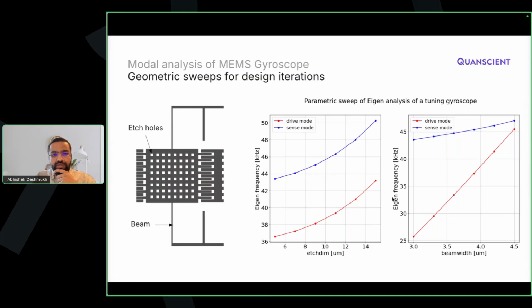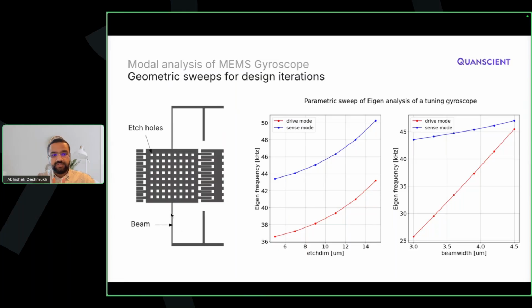On the other hand, if we vary the beam width, for example, you can see that increasing the beam width brings these two frequencies closer. There's also a reason for that, because this beam is supporting the proof mass, and the in-plane motion is affected by the width of the beam.